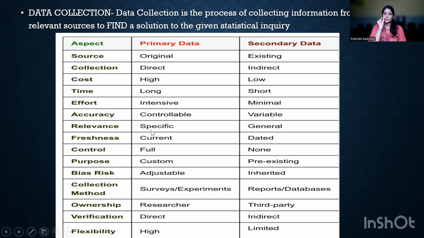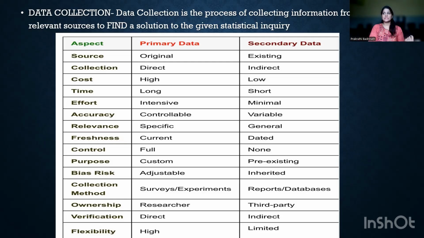Then comes the relevance. Primary data, it is very specific to my research question. I know my research question, I know my variables. So based on that, I will collect the data. But secondary data, it is general. For example, women entrepreneurs, other researchers might be studying other variables. They might be studying their income, they might be studying their background, they might be studying what type of business women entrepreneurs are doing. But I might be studying something completely different.